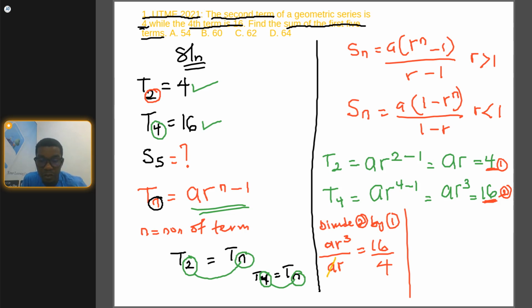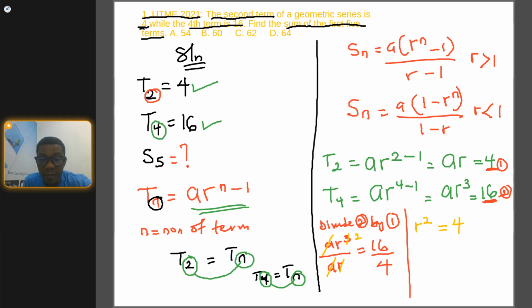By simplification, A cancels A, and one R cancels out of the R cubed, so we have R squared left. Dividing 16 by 4 gives us 4. All we have is R squared equals 16 divided by 4, which is 4.